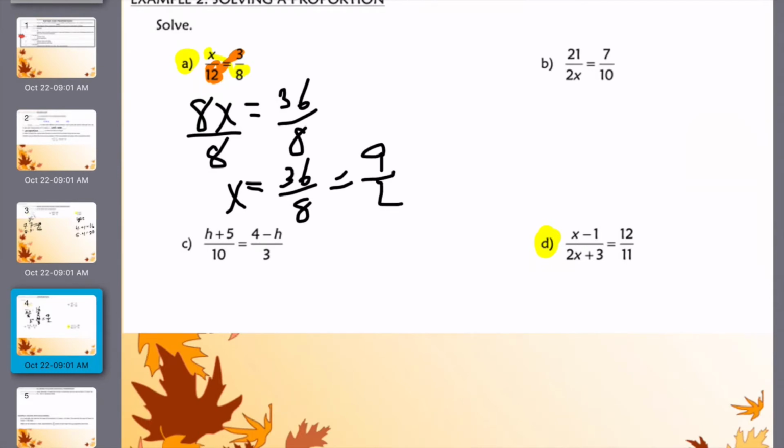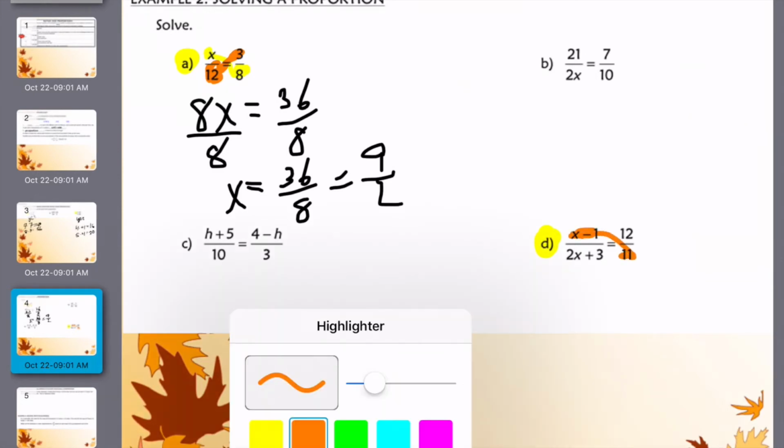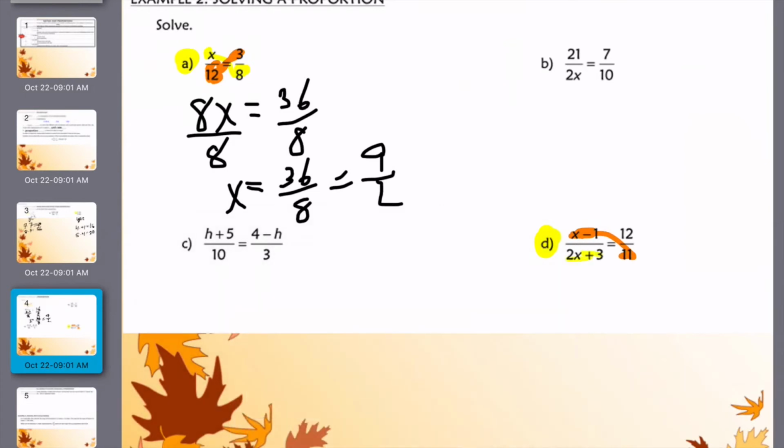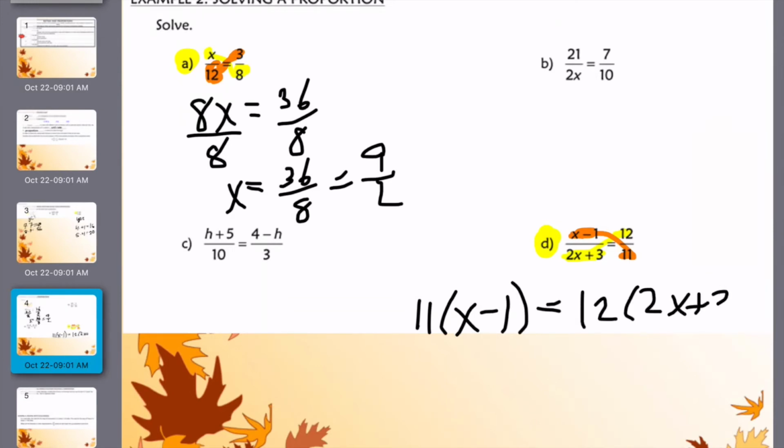Okay, that one's not too bad, and part B is pretty much the same. So let's talk about part D. Again, I'm also going to cross multiply and figure out my cross products. I can essentially write it out like this: 11 times (x minus 1) equals 12 times (2x plus 3).